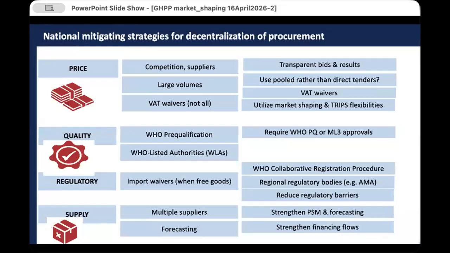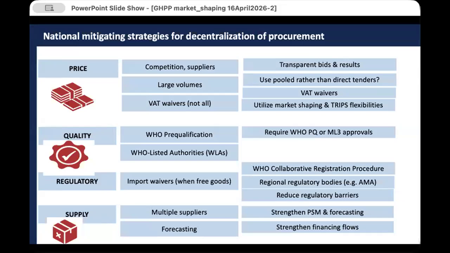So, obviously we have benefited, in HIV and TB and malaria, from the various pooled procurement mechanisms out there, but also the fact that Global Fund requires WHO pre-qual or stringent drug regulatory or ML3 approvals. So that quality issue is important. Obviously, there are things that national governments can do to maintain high quality standards.